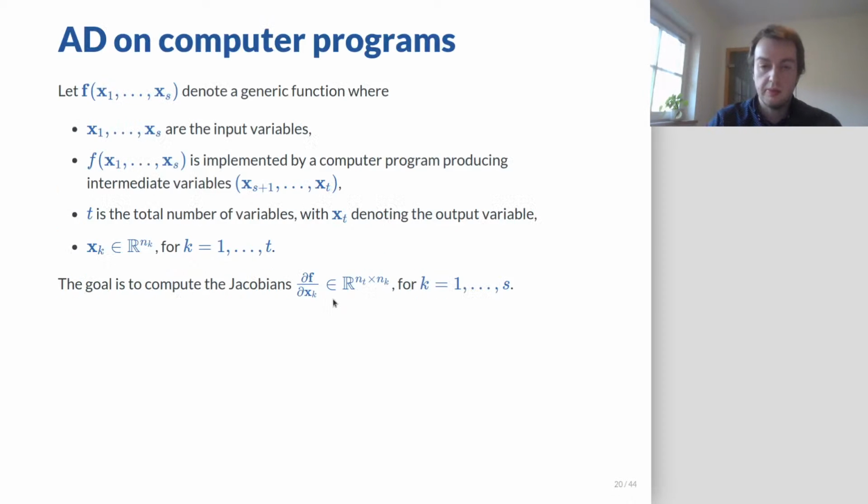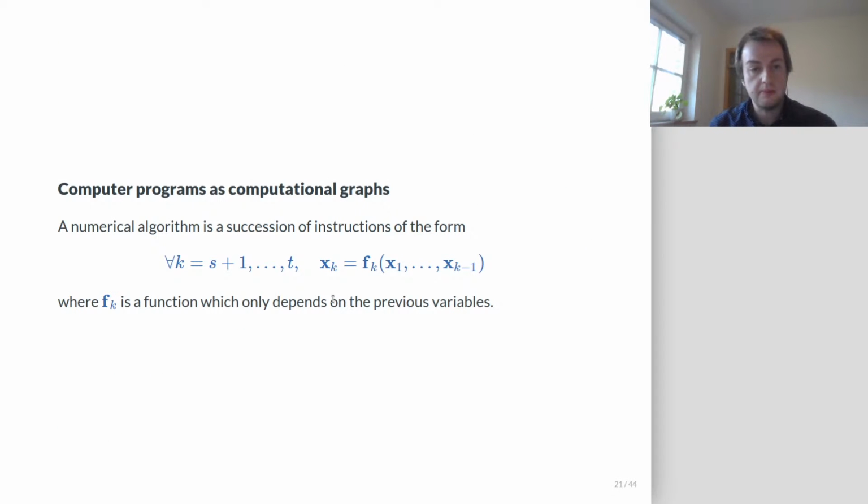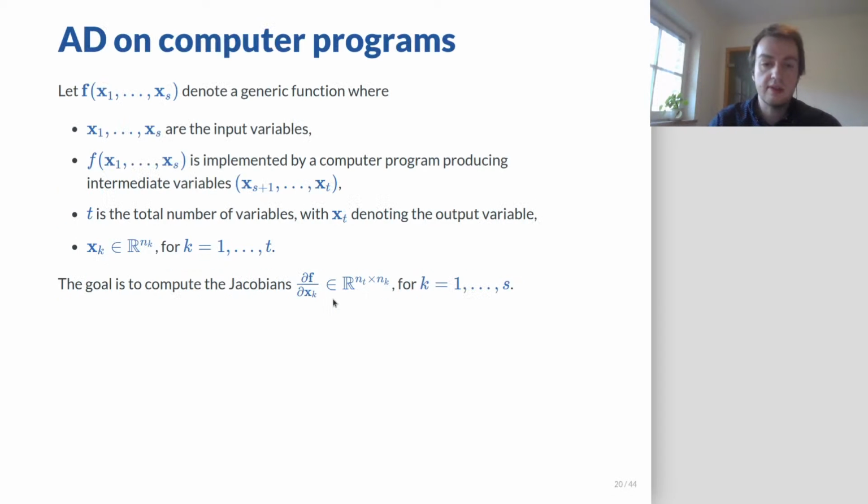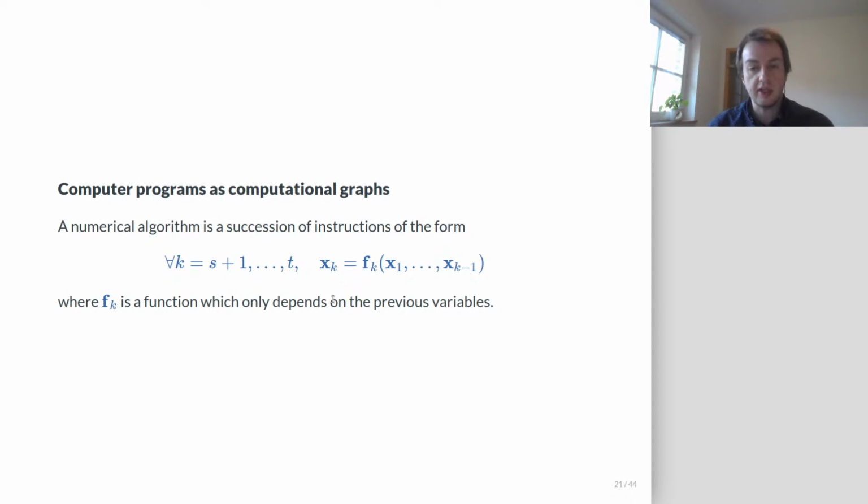All right, so we can basically express this as something which is very close to our chain composition, because when you consider a numerical algorithm, you can view that as a succession of instructions, and each one of these instructions looks like this.